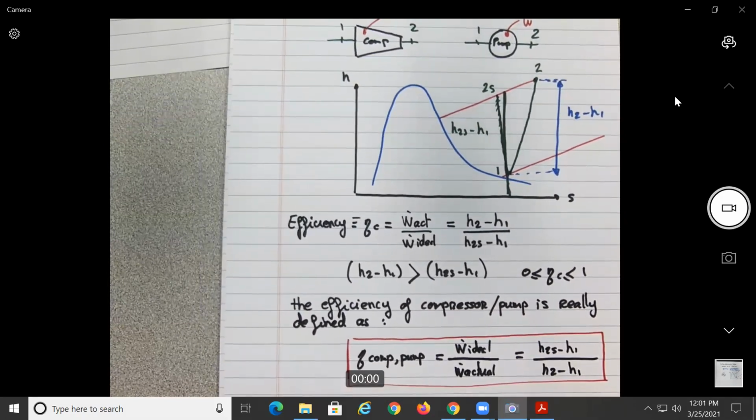Sorry for that. Be careful with that, because I tried to use the normal definition that we had before, and in this case it would not work because we need to have the efficiencies always between 0 and 1. So you need to reverse the order, which basically makes sense, no?